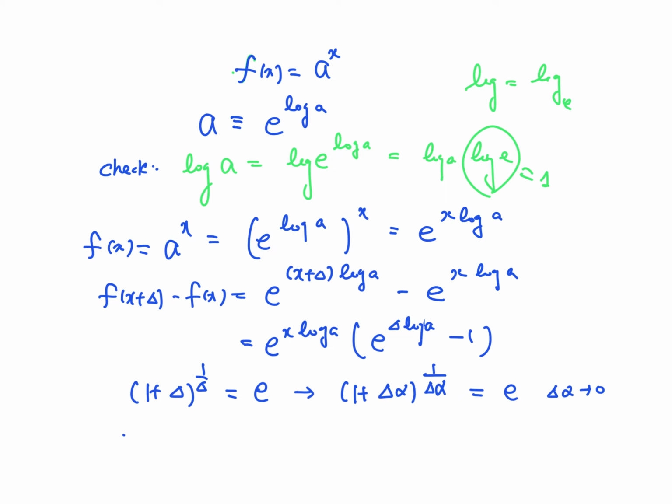So we have (1 plus delta log a) to the 1 over delta log a is also equal to e, when delta goes to 0, because delta log a goes to 0.